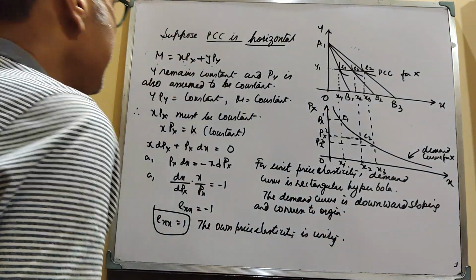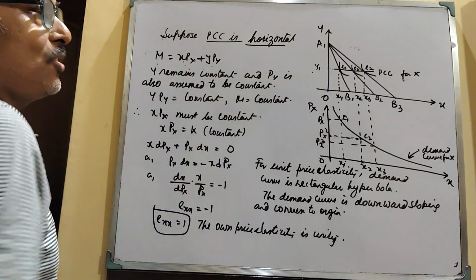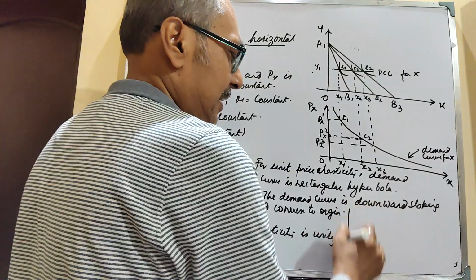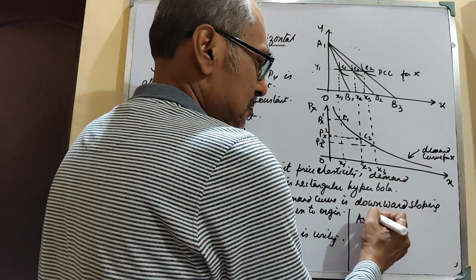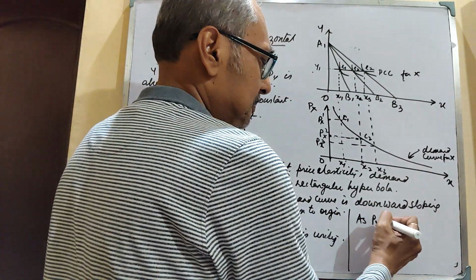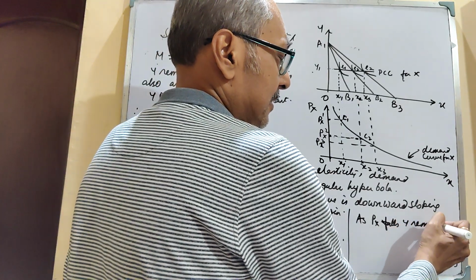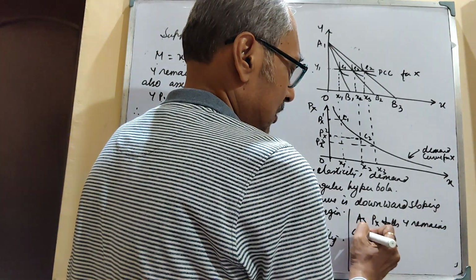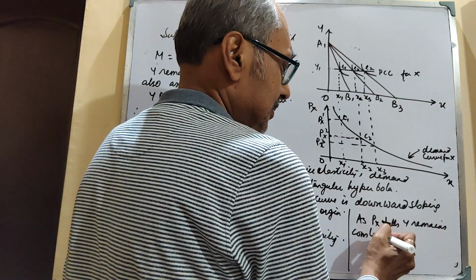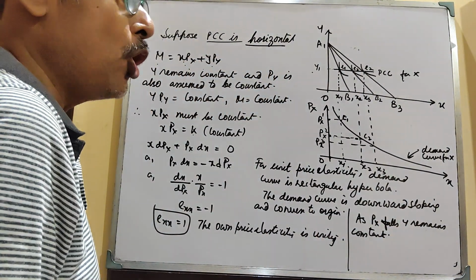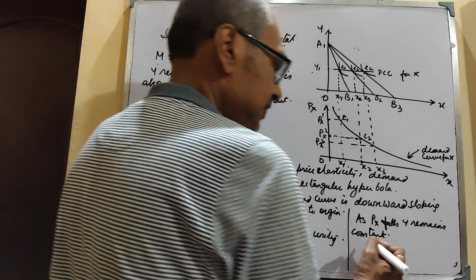Now, y remains constant. As px falls, y remains constant. What does it mean? That is, x and y are not related.